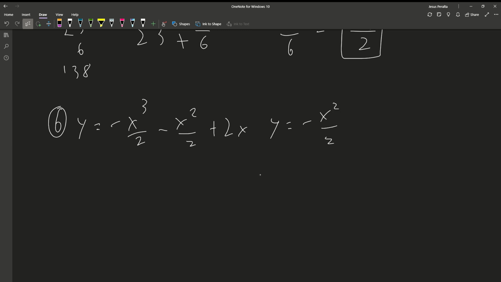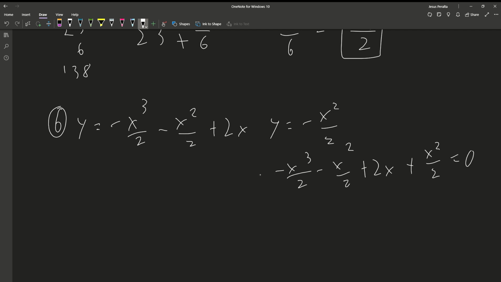So first we want to set them equal to each other, so then we're going to do negative x cubed over 2 minus x squared over 2 plus 2x. And then we could just add it on this side already. We already know that. So then we'd have plus x squared over 2.